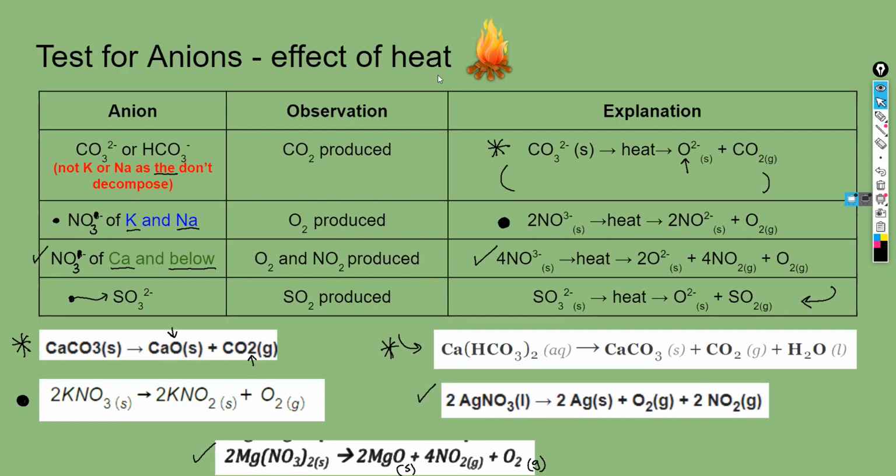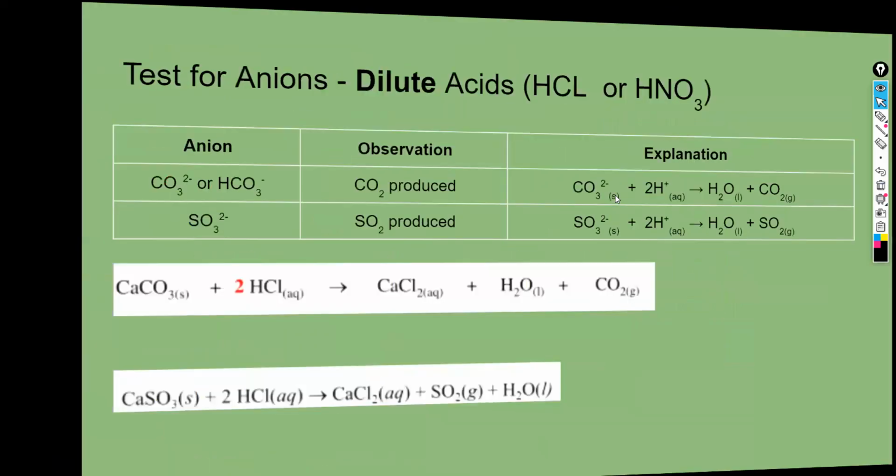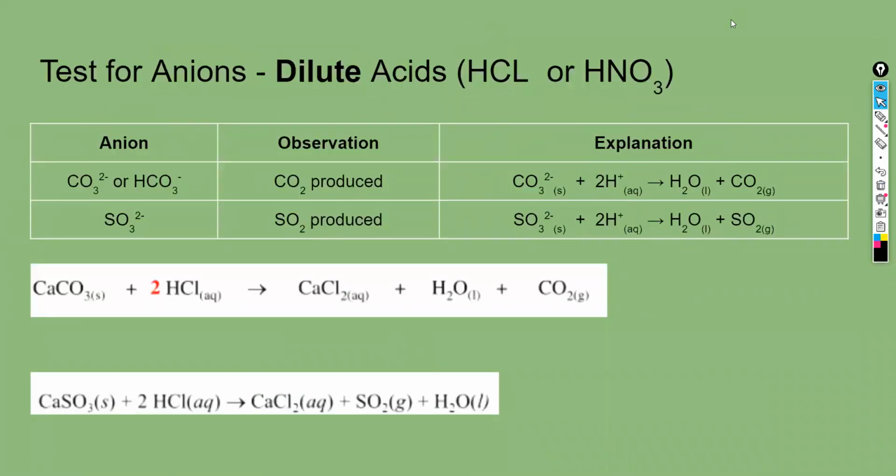Okay, so let me know when you finish with everything on the screen, and we're going to move to the next slide. All right. So now we're going to test for anions, not by heating them, but by adding a dilute acid. The dilute acid is either going to be hydrochloric acid or nitric acid. I don't think this needs too much explanation.